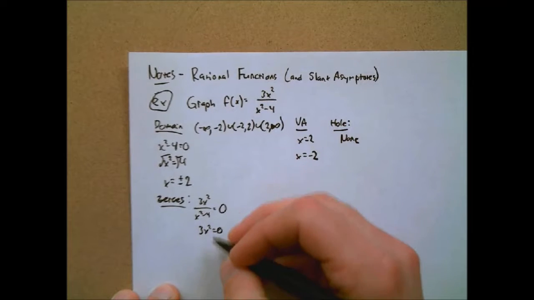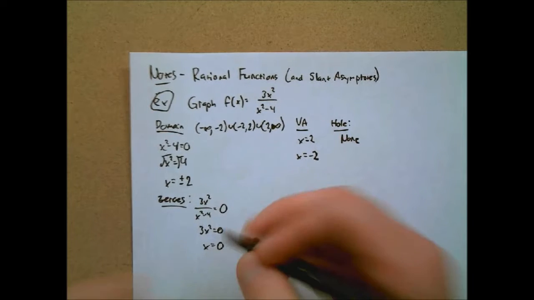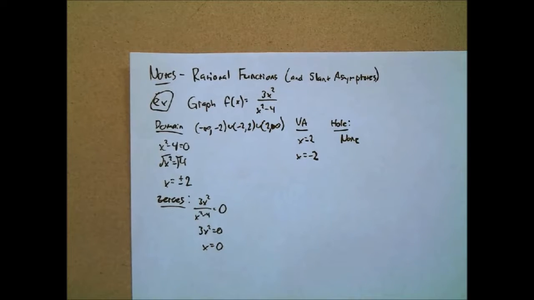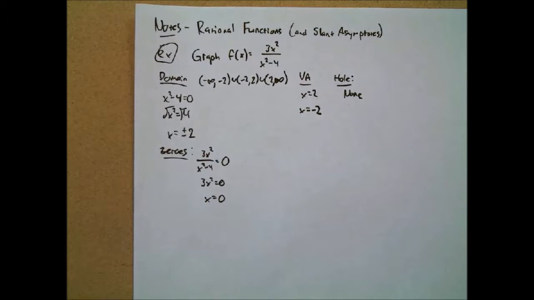And so we get x equals 0. So the point (0, 0) is a zero.